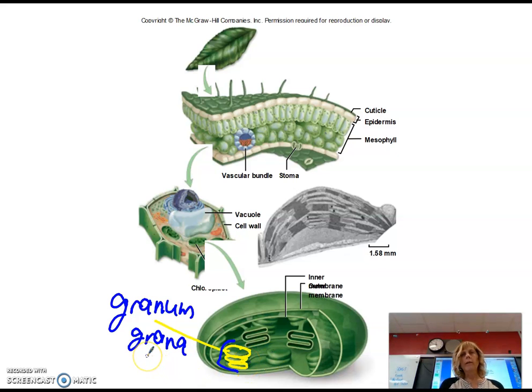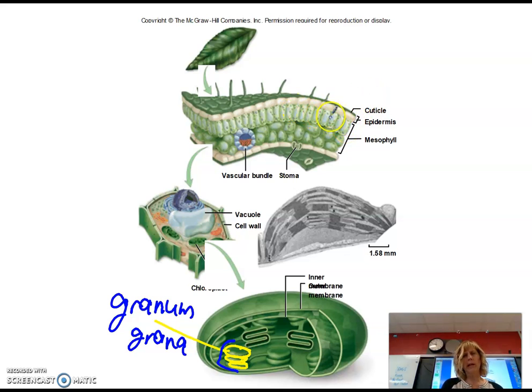I just want to explain a little bit about the structure of the leaf. If we look at the structure of this leaf, we have a cuticle, which is basically like the skin, if you want to think of it that way. And then the epidermis is the upper layer. Here we have the first cells that actually contain chlorophyll and chloroplasts.